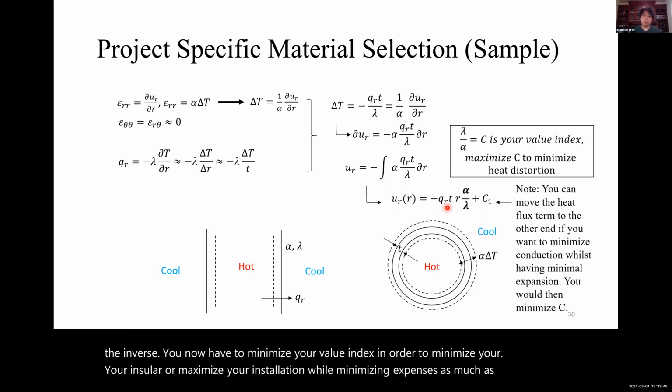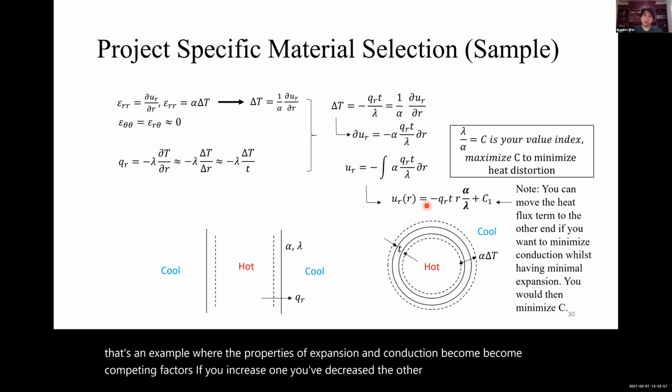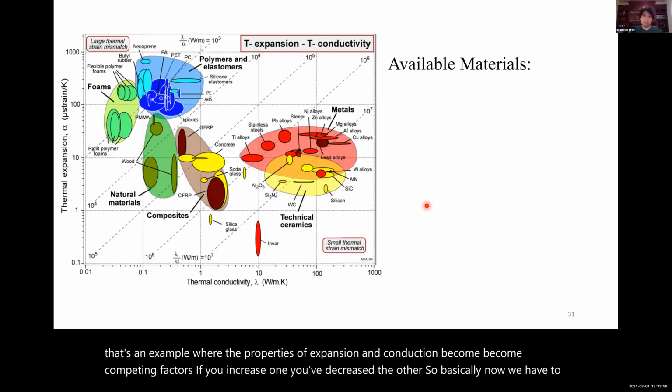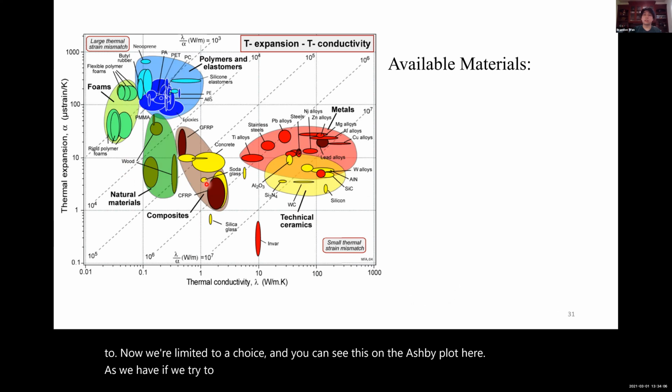So that's an example where the properties of expansion and conduction become competing factors. If you increase one, you decrease the other. So basically, now we're limited to a choice, and you can see this on the Ashby plot here. If we try to decrease expansion, we have more conduction, and vice versa.